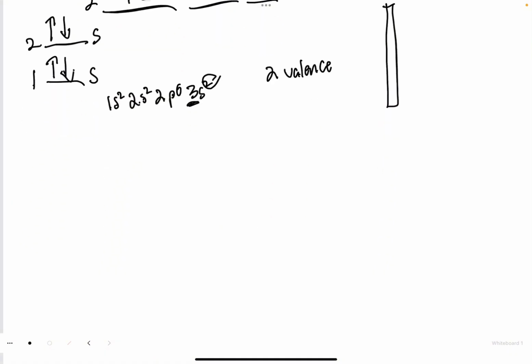Let's try one more example, and this time we'll do chlorine. How would we do chlorine? For 1s, we have 2 electrons, and for 2s, we have 2 electrons.